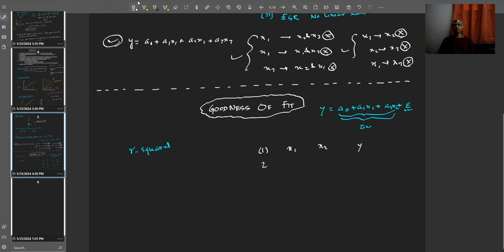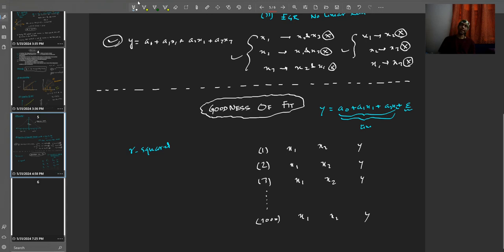There is row number 2, where another x1 value is given, another x2 value is given, another different y value is given. There is row number 3, where there is another different x1, another different x2, another different y value given, right? Like this, there are 1000 data points in this sheet, with 1000 sets of x1, x2 and y values.